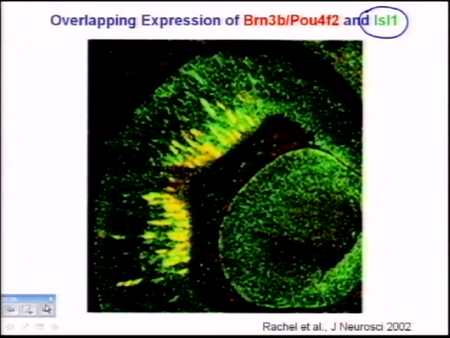And here we see, this is not our work, this is work from Carol Mason's lab at Columbia, where she's shown co-expression, not like the T-brain 2 where you see expression later, but we see that islet-1 is expressed at the same time as brain 3B, or Pou4f2. And I've already told you, when you take away brain 3B, you still express islet-1.